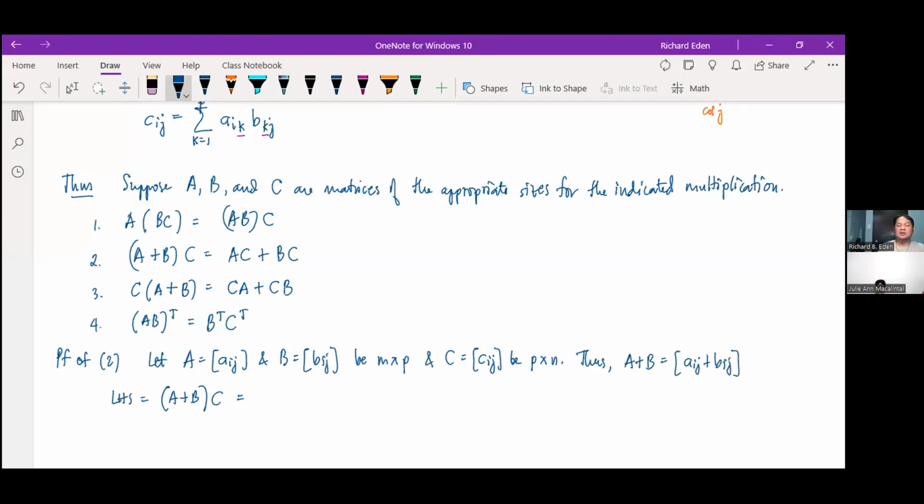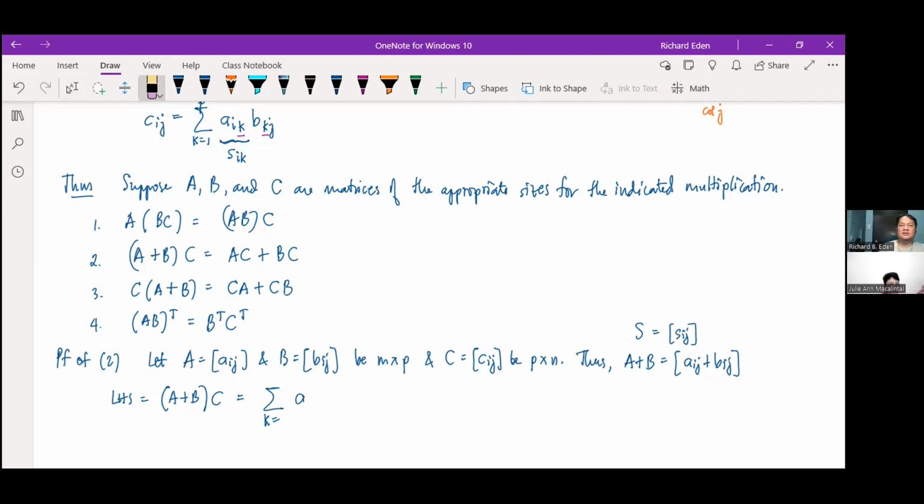That's in A plus B. So now when you do the multiplication of A plus B with C, we write it down as a summation. Let's say A plus B is the matrix S. That's the sum. So S sub ij. Instead of A sub ik here, we would have S sub ik.